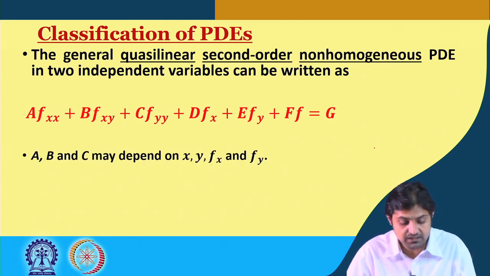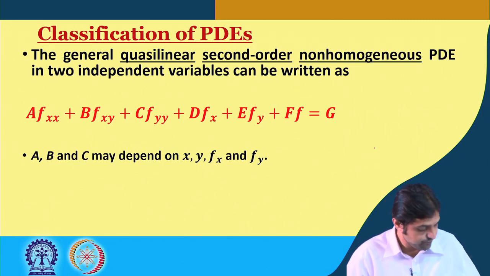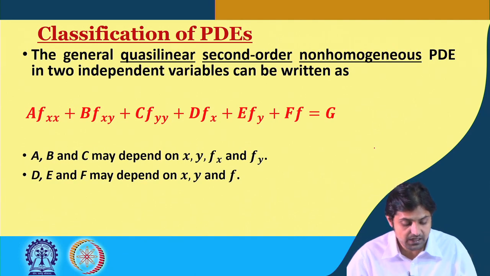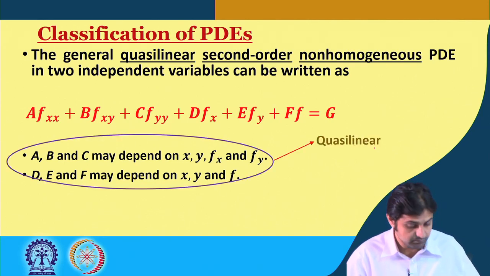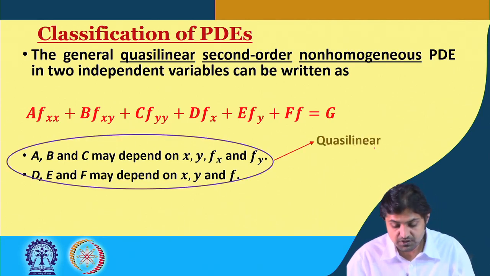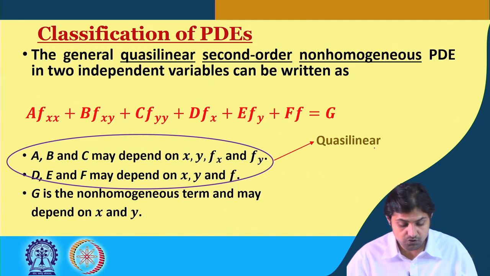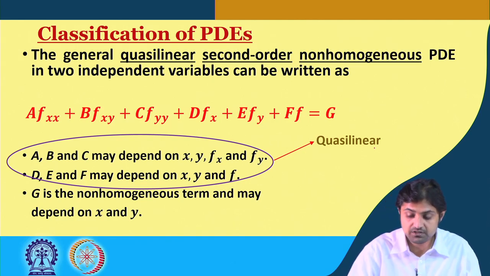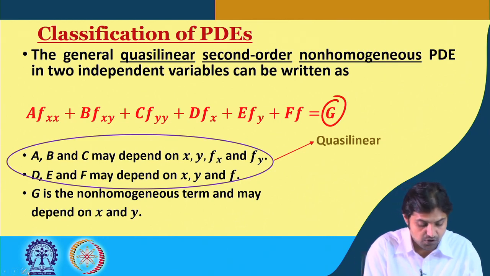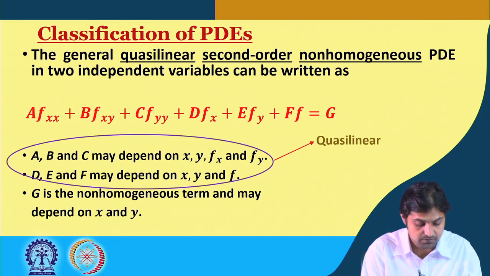Here a, b and c may depend on x, y, fx and fy. d, e and f may depend on x, y and f. This is what quasi-linear means. g is the non-homogeneous term and may depend on x and y; that is why we say non-homogeneous. It is not equal to 0.